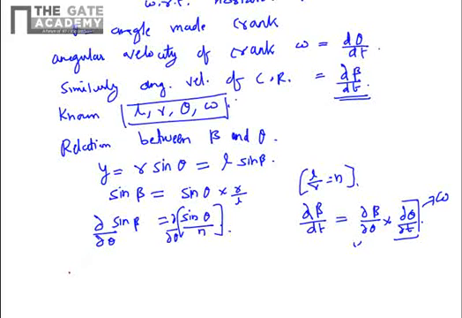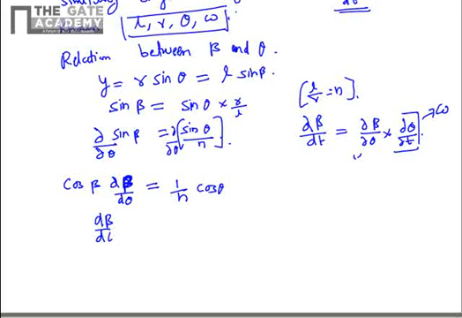The differentiation of the LHS gives cos beta times d beta by d theta, and the RHS gives 1 by n cos theta. Hence d beta by d theta is equal to cos theta by n cos beta.